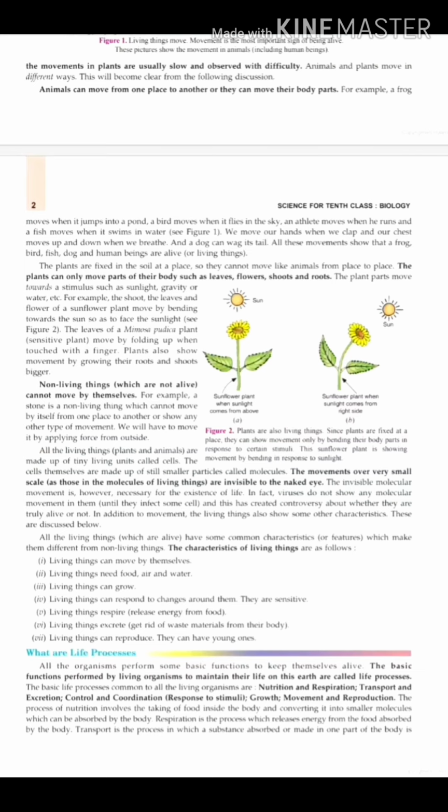See in this diagram here, B part. In this diagram, this sun ray is coming from here and the face of the flower is also there. So like this only, plants can move, and photosynthesis also happens by this.